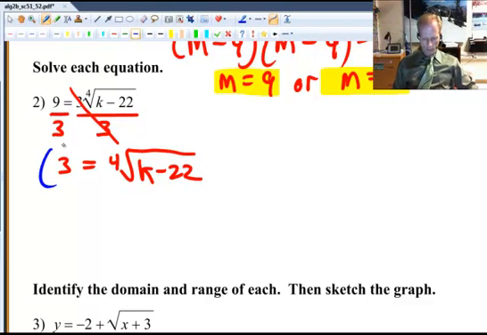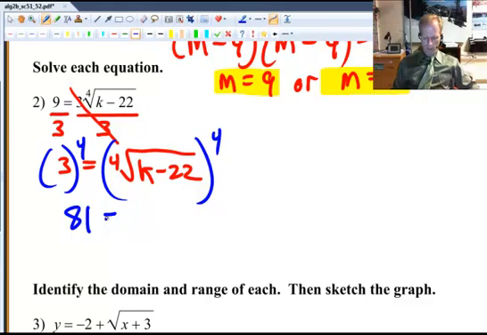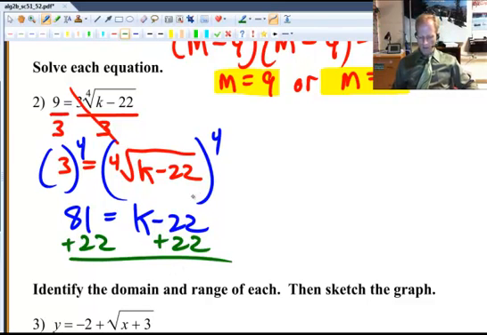Now I'm going to raise both sides of the equation to the fourth power, and that's going to give me 81 equals k minus 22. Then I add 22 to both sides, and that gives me 103 equal to k.